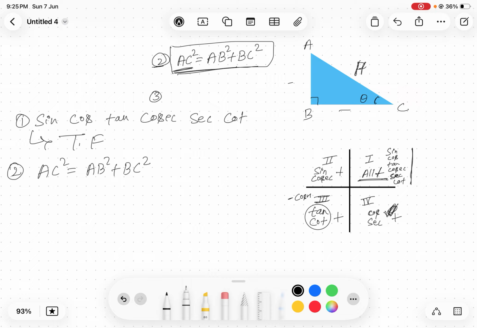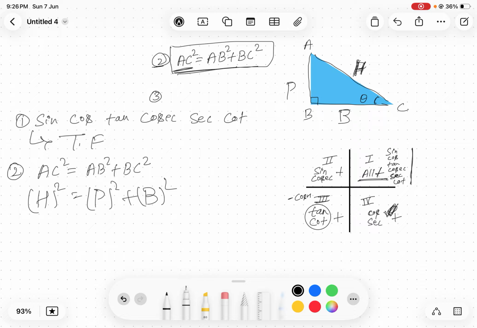What it means, we have this right angle triangle here, and the whole square of hypotenuse is equal to the whole square of perpendicular plus the whole square of base.